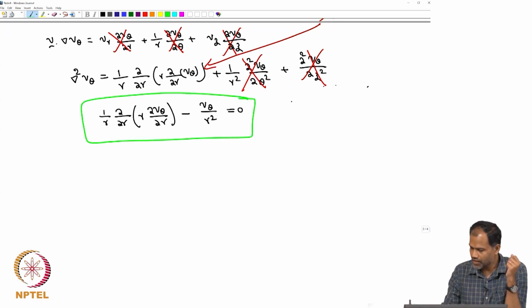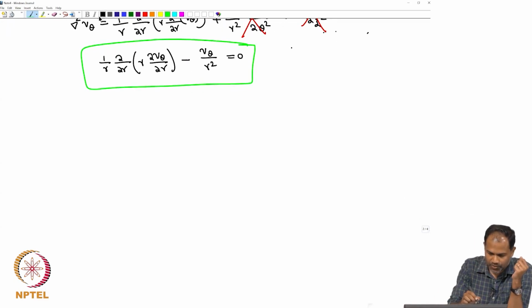We can look at what the r momentum equation reduces to.